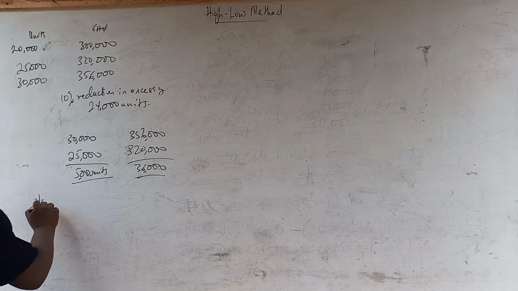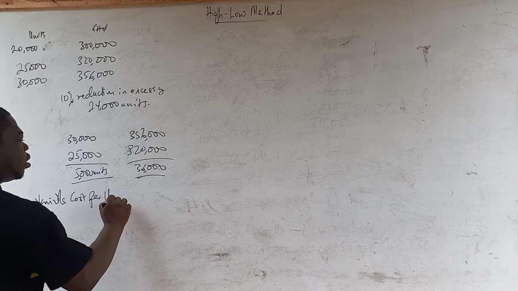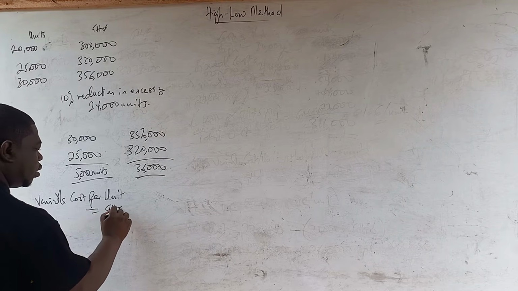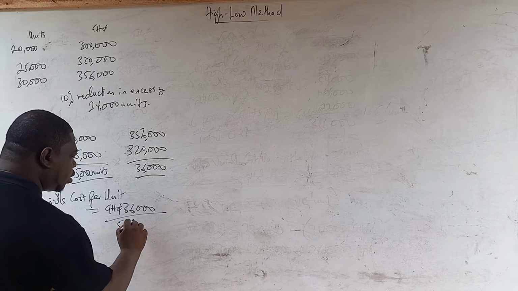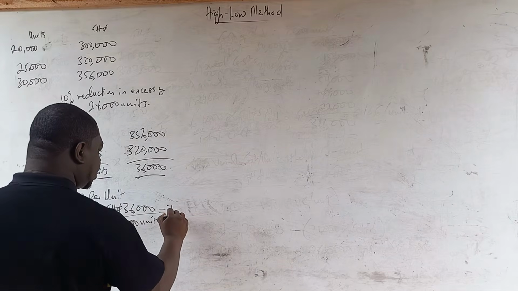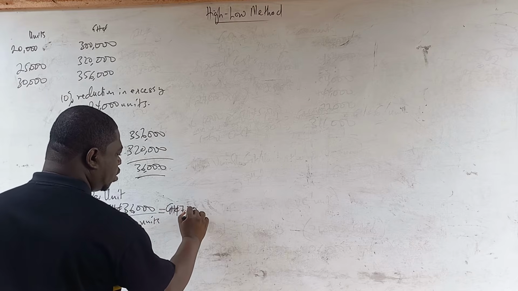And therefore, the variable cost per unit is 36,000 Ghana cedis over 5,000 units, and that is going to give us 7 cedis 20 pesos per unit.